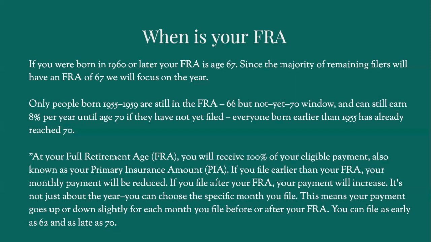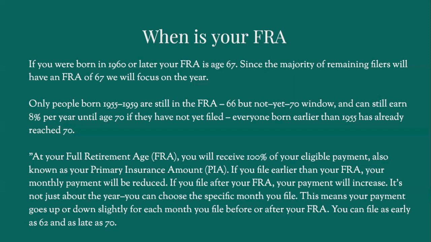Think about it. If I was born before 1955, I'm already 70. I would have already filed. But if I was born in that range, maybe I'm 68, 69, and I haven't filed yet, and I'm still allowing my payout to accrue by 8% a year until I hit age 70. And we'll get into some of those ranges as we move on through the slides here.